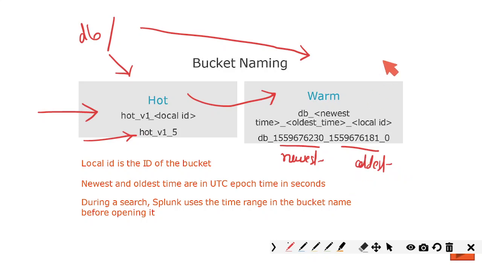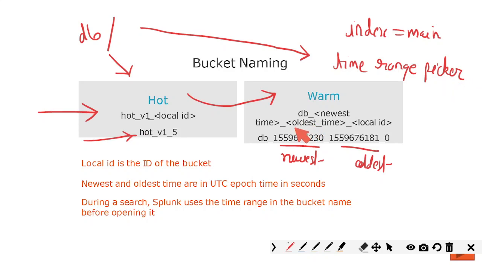Now, with this understanding, when we explicitly specify the index equal to main or something else, or when we use the time range picker, you now have a gradual understanding of how the data is stored in the Splunk platform. These things become very important when you are firing any kind of searches into the Splunk platform.